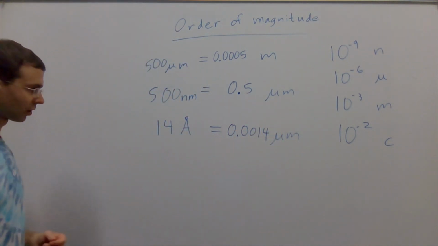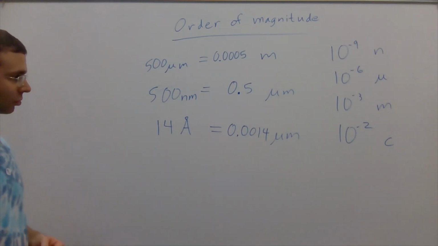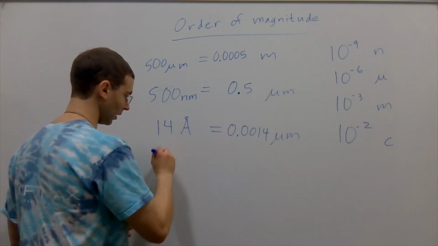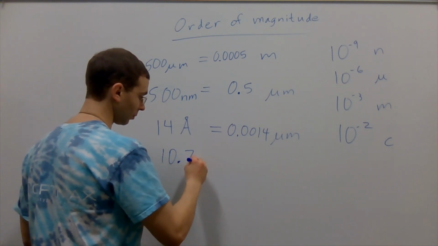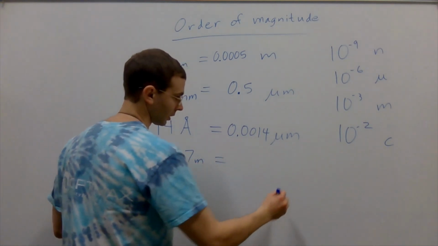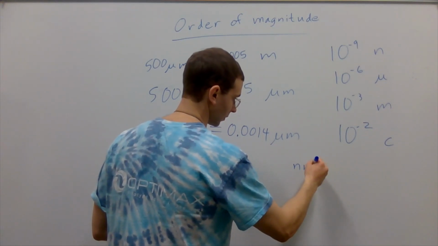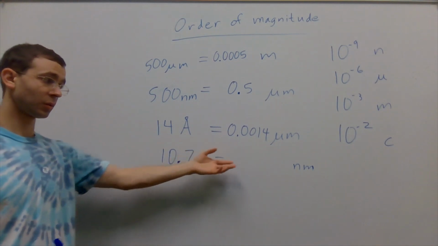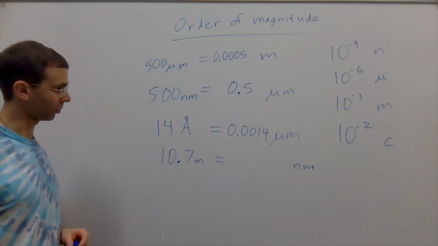Now for an example, we're going to be going to a smaller unit. We should have some of those as well. So say I want to express 10.7 meters in nanometers. So if going to a larger unit means a smaller number, going to a smaller unit means a larger number. In this case, a much larger number.